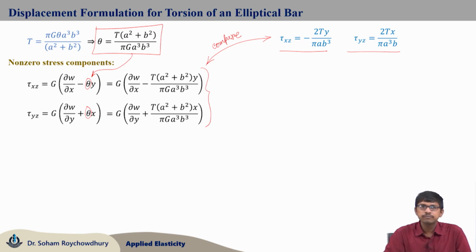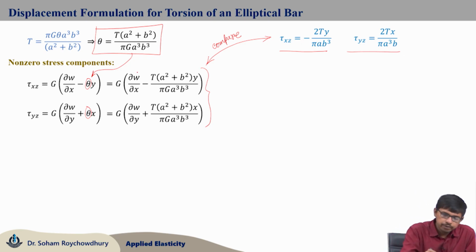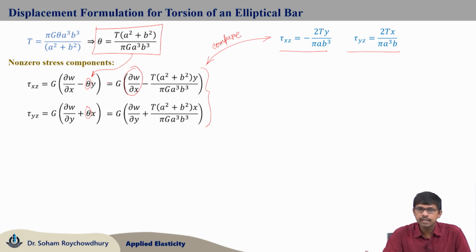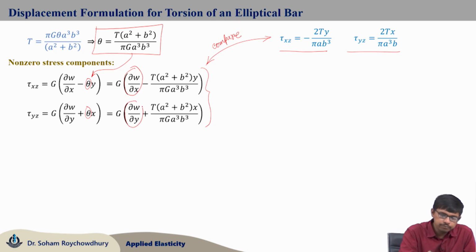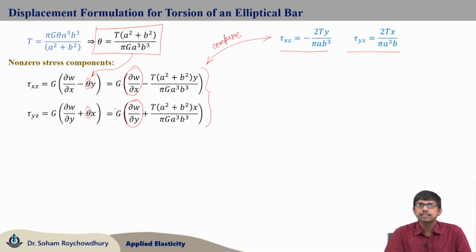From that, from the first equation tau xz, you can write del w del x as a function of applied torque. From the second equation of tau yz, you can write del w del y as a function of applied torque as this.